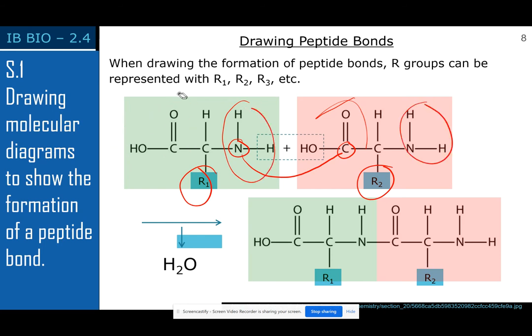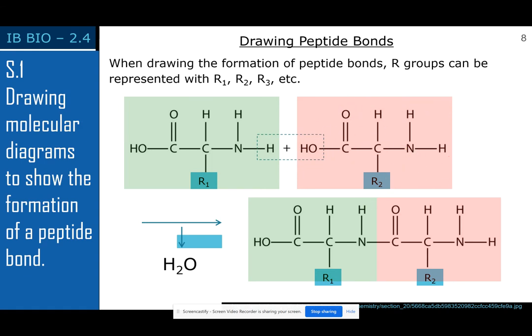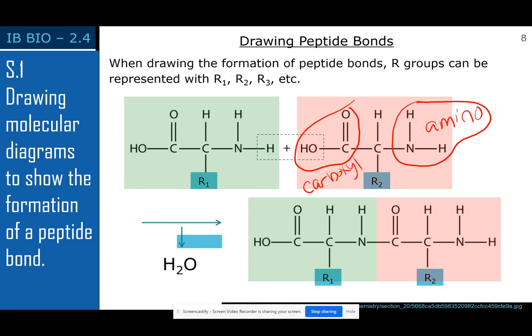That's kind of messy. But you can see all the different parts. So here's the amino group right here on this side. And here's the carboxyl group. Here's the carboxyl group on this side. And here's the amino group on this side.